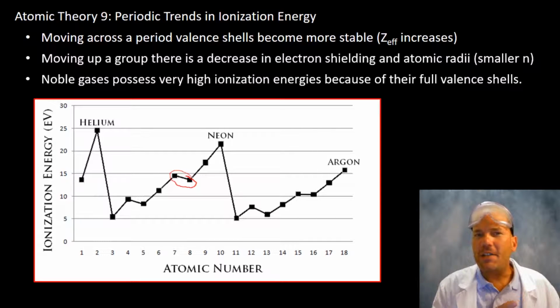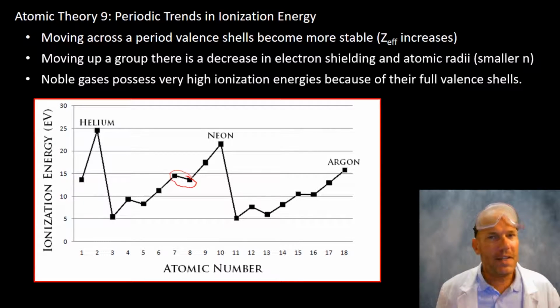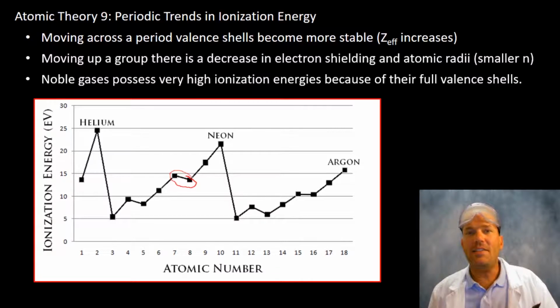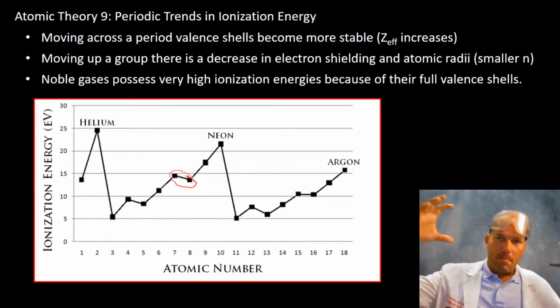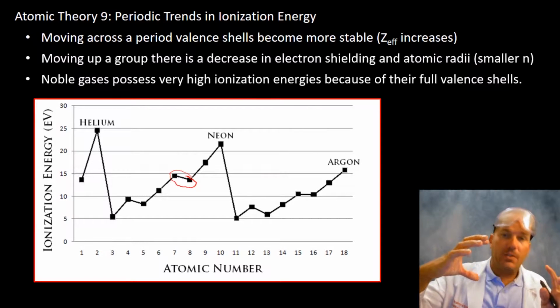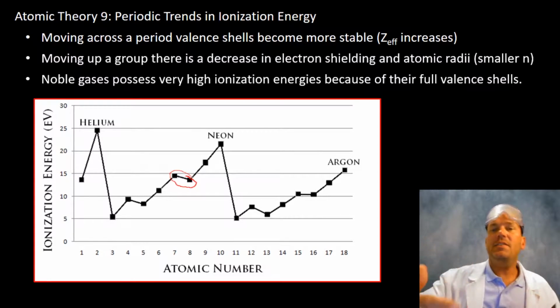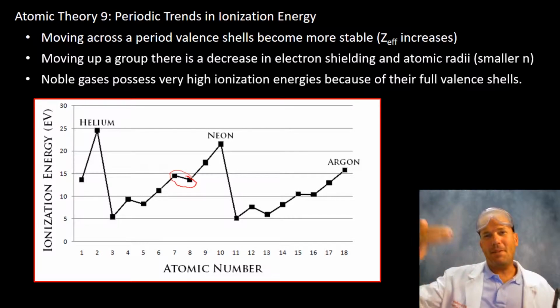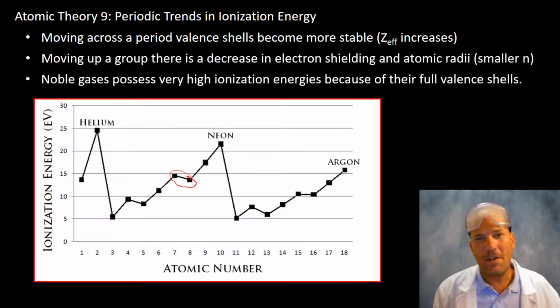Now, for electronegativity on the Pauling scale, they didn't have a value, and we said that's because they already have a full valence. Now we're saying they have the highest ability to hang on to their electrons because they have a full valence. And that's going to be something that comes up over and over again.